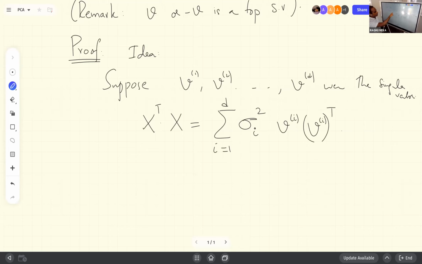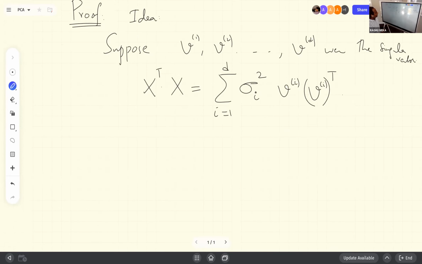Okay? So I'm using superscript for the true ones and the subscripts are for the iterations that come out of the power iteration algorithm. And so if this is the update, and let's say V0 is our starting point, let's go back to what the algorithm is. So we have V0 and V1 is X transpose times X times V0 divided by the norm.